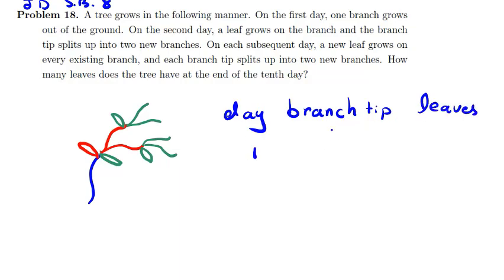Okay, at the end of the first day, we have only one branch tip and we don't have any leaves in blue. On the second day, we see how many new branch tips we create. So here two, here new, and if you don't also write that, it's not important.